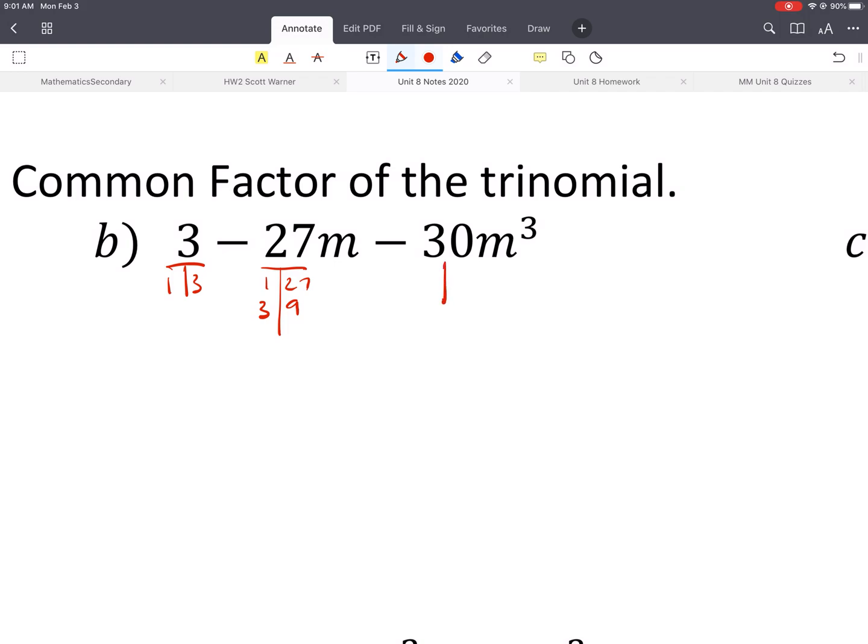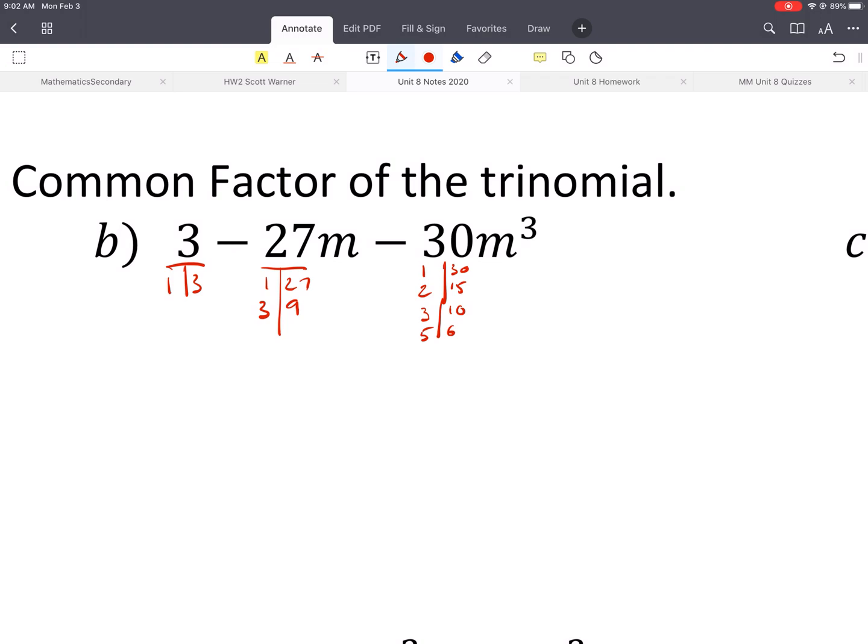And then 30, we got 1 and 30, 2 and 15, 3 and 10, 5 and 6. Hope I didn't miss one. So 27, 2 doesn't go in, 4 no, 5 no, 6 no, 7 no, 8 no. Okay, so I think that's it.